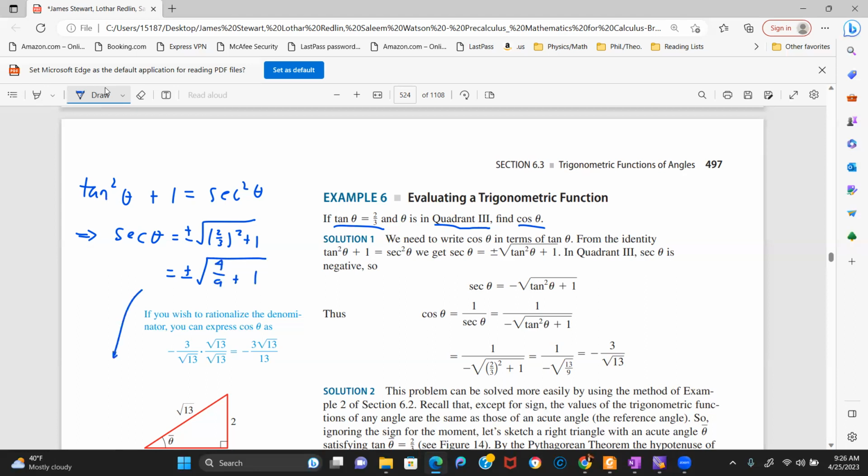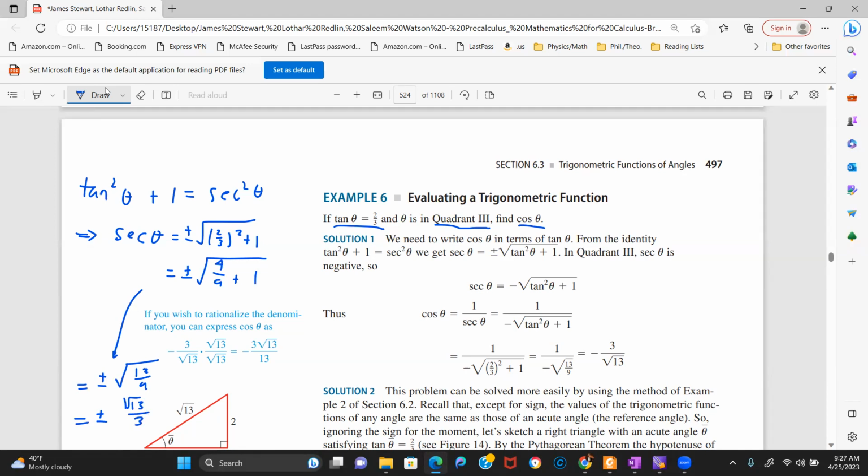And then that's going to be equal to 9/9. So I guess, wait, what? Oh, yeah, 13 over, sorry, plus or minus square root of 13/9. But now we can take the square root of 9. So we get square root of 13 over 3.